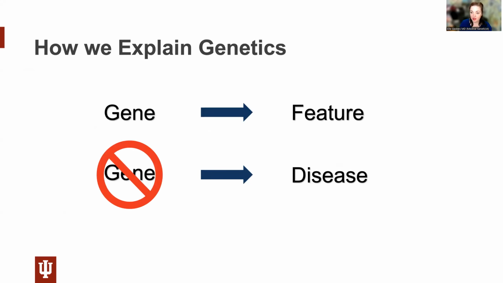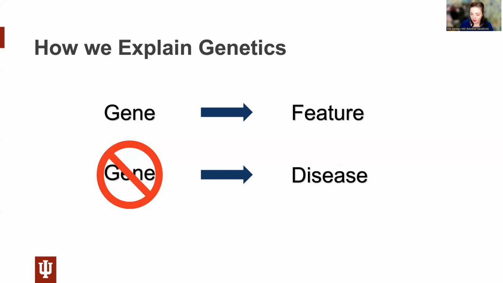The other major caveat is that the way that we currently think about genetics is we think, okay, this gene does this thing. So this gene does your hair color, this gene does your eye color. There's sort of this straight association. And if a gene is broken or mutated, then you have disease.